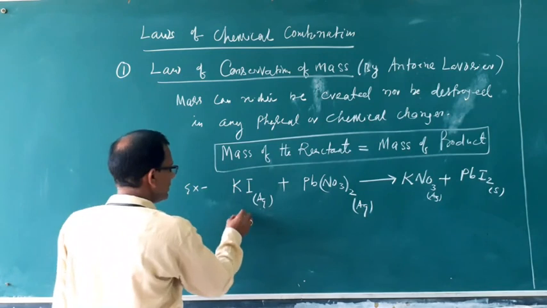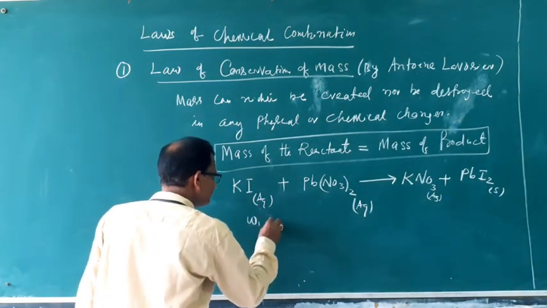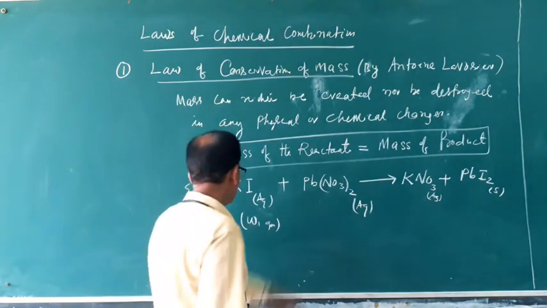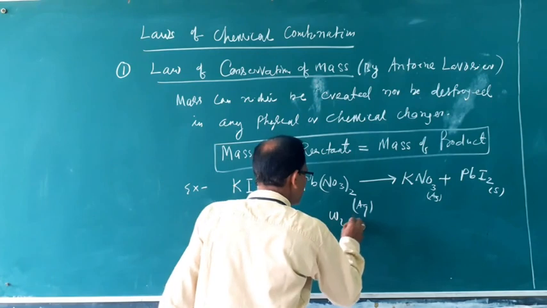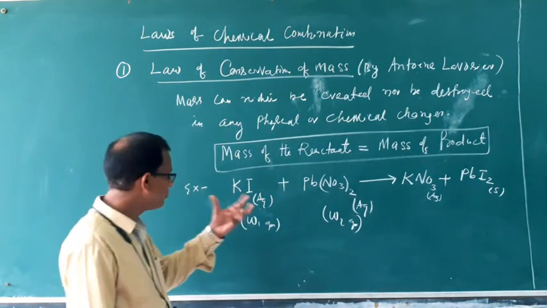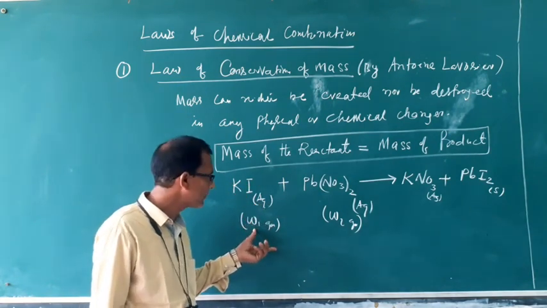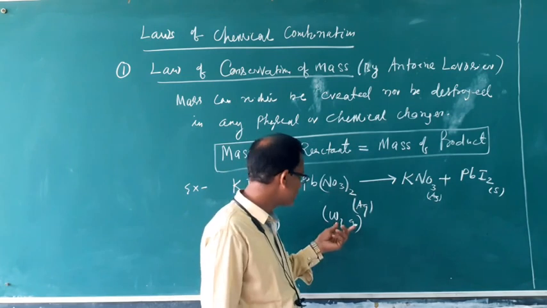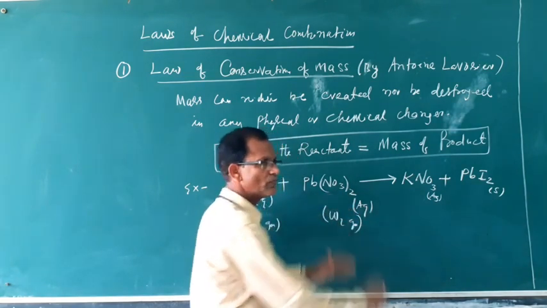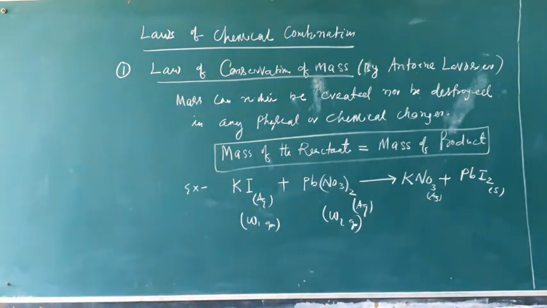Suppose the weight of the potassium iodide solution is W1 gram and the lead nitrate solution is W2 gram. It is known. When you mix, you see the observation.